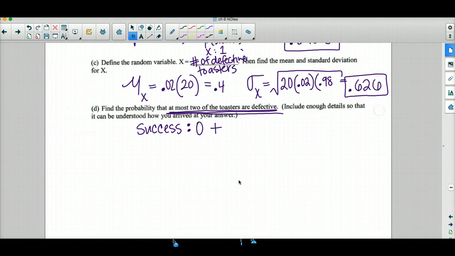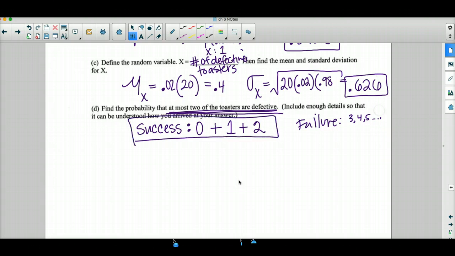If I found 1, would that be a success? If I found 2 defective toasters, would that be a success? But what if I found 3? No. So failure would be if you found 3 or 4 or 5 or so on. Okay, so success is me adding these together.